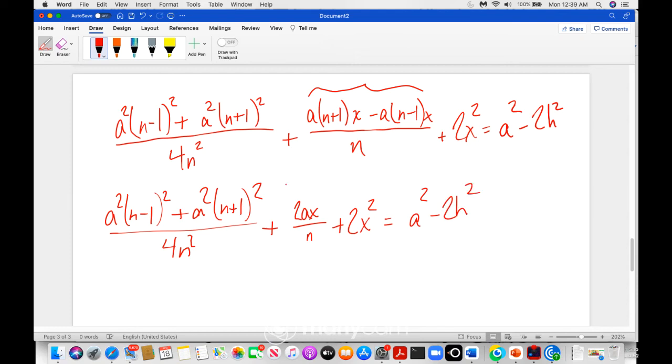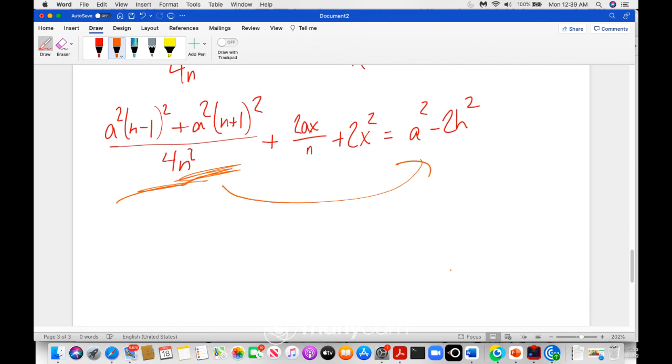Now, here's what I'm going to do. This junk can move to the other side because I don't care about it. And furthermore, ultimately I'm going to divide everything by 2, because I need this to be a 1x squared.